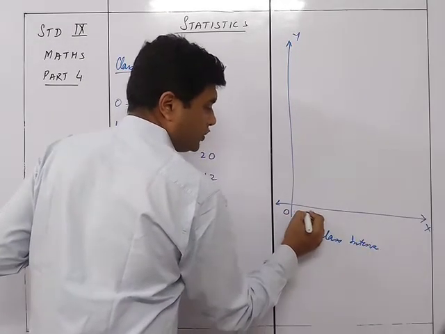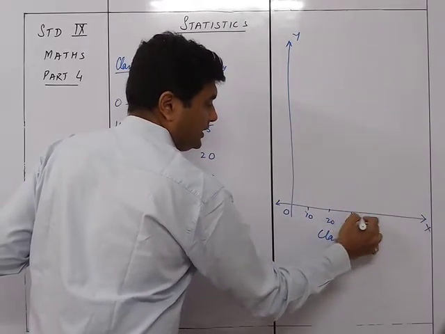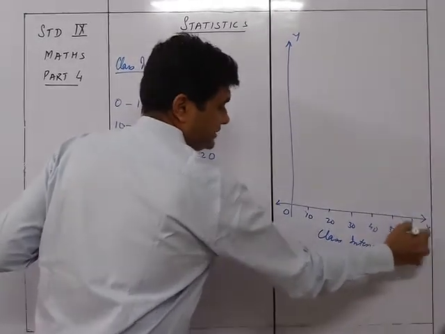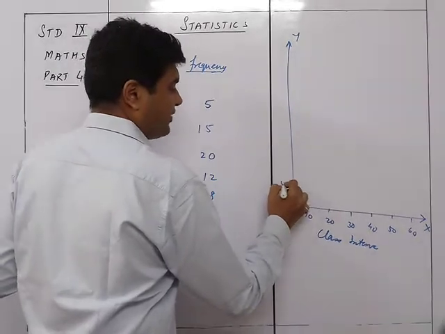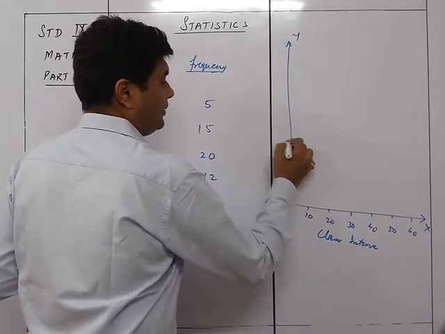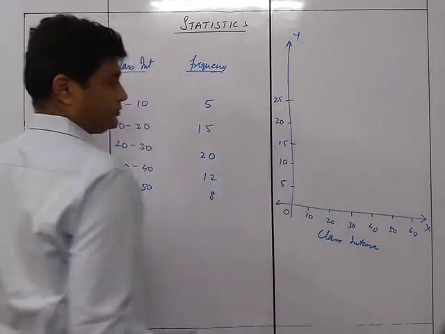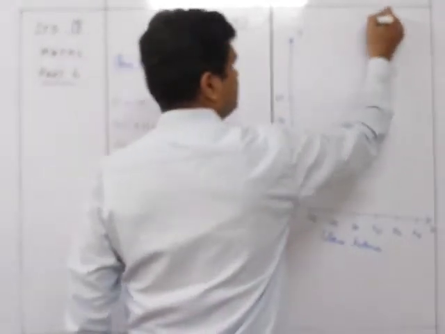So you will have 0, then 10, 20, 30, 40, 50, 60. Over here you have to go to 20, so you can say 5, 10, 15, 20, 25. Okay. So you have the scale over here.